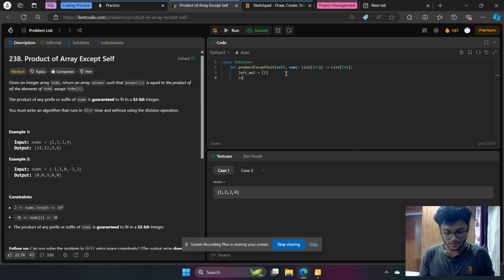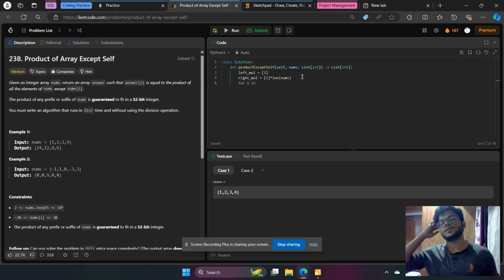For the right multiplication array, I want to do it from the right side, right? So I just make an array of the size of nums.